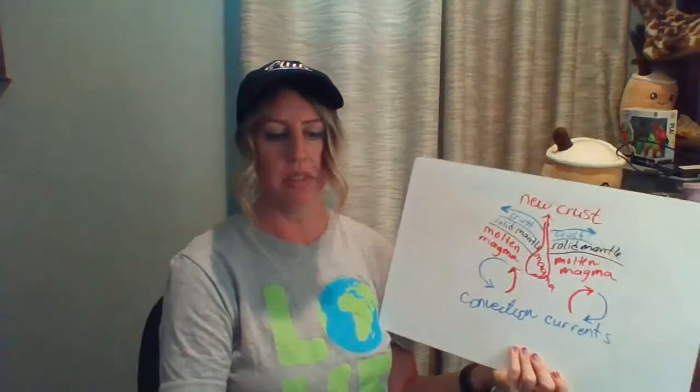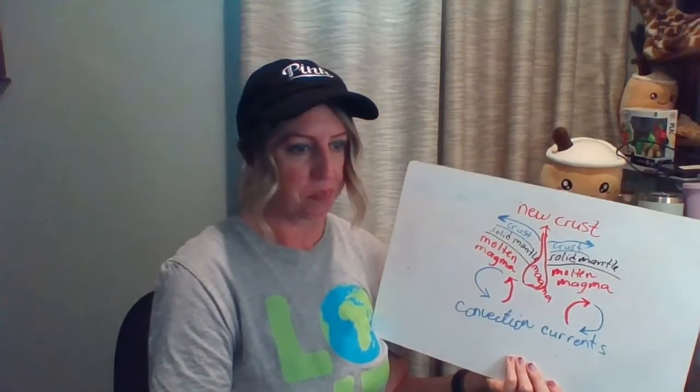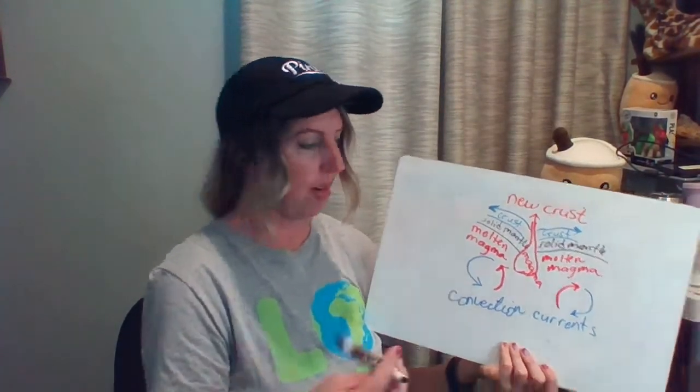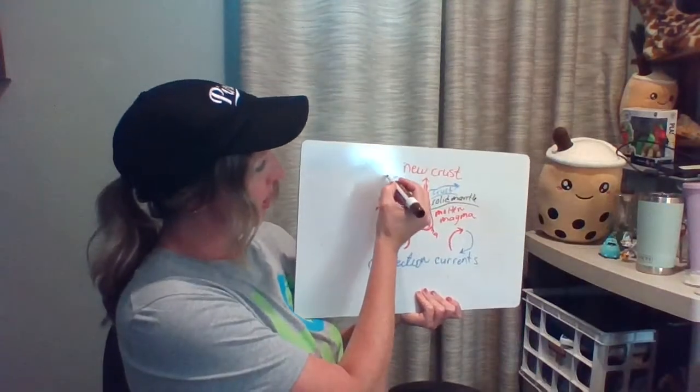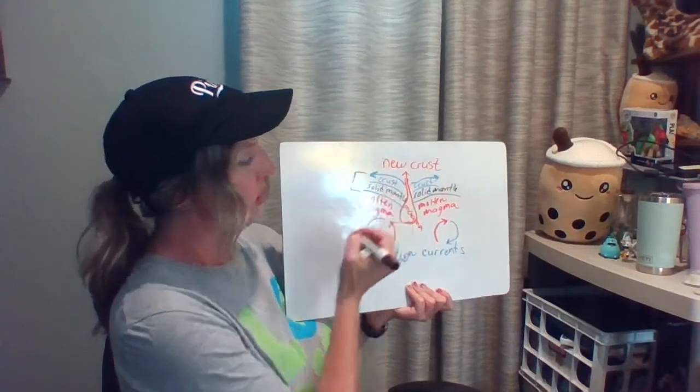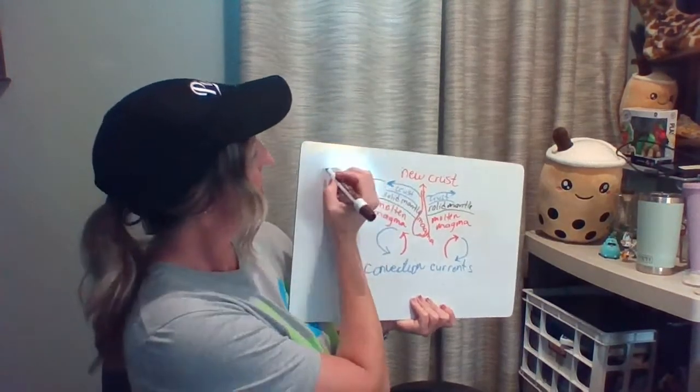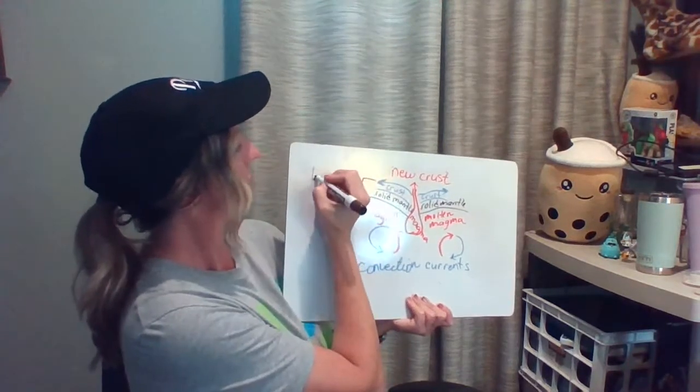Last, we need to label the layers of the earth. So I'm going to go back to my brown. This part right here with the crust and the solid part of the mantle, that's going to be your lithosphere.